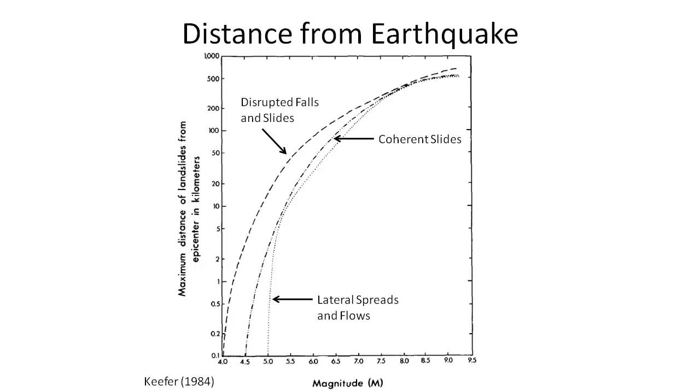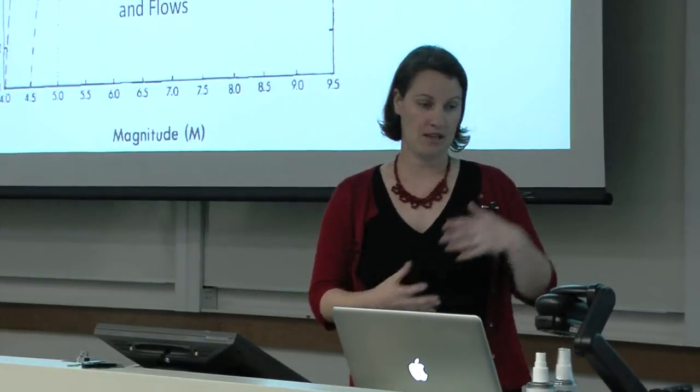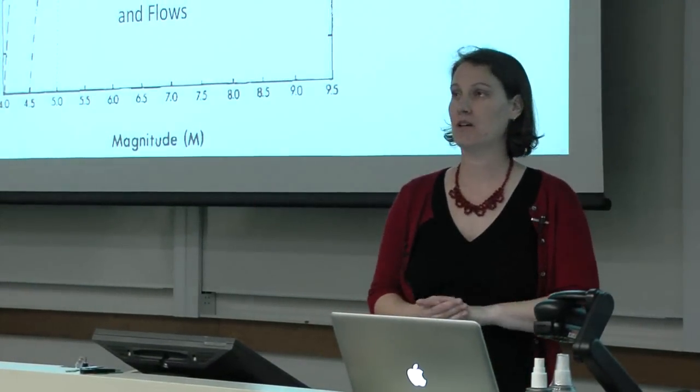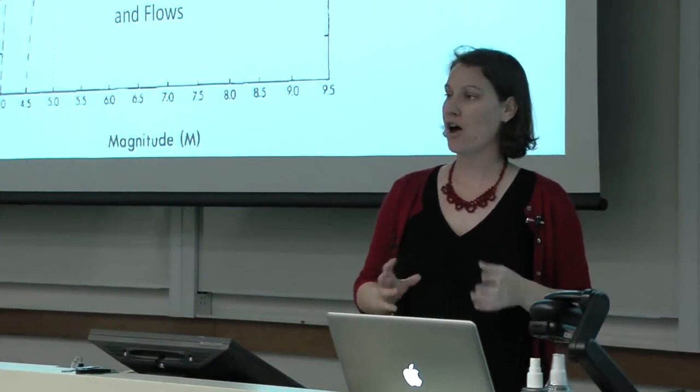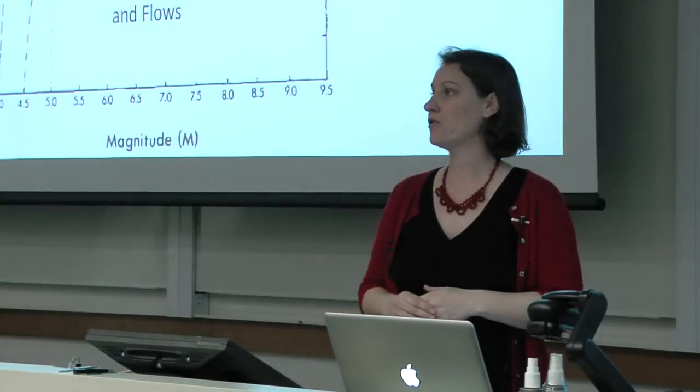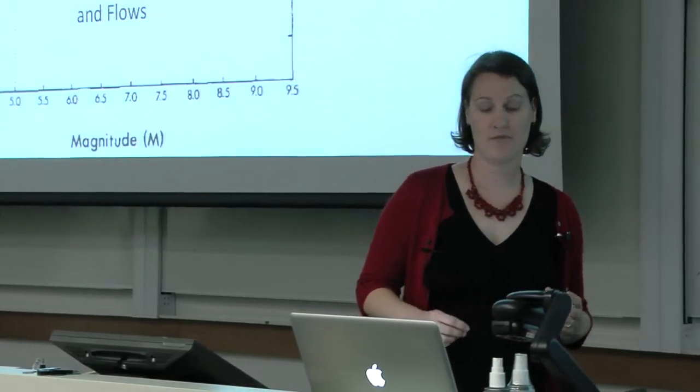So for example, for a 6.3 earthquake, if you follow that line up, you would intersect these lines somewhere around the 25 to 30 kilometers. So one would expect that you would have some sort of land damage from a landslide point of view within an area around 25 to 30 kilometers away from the epicenter. A different way of looking at this is looking at a particular case study.